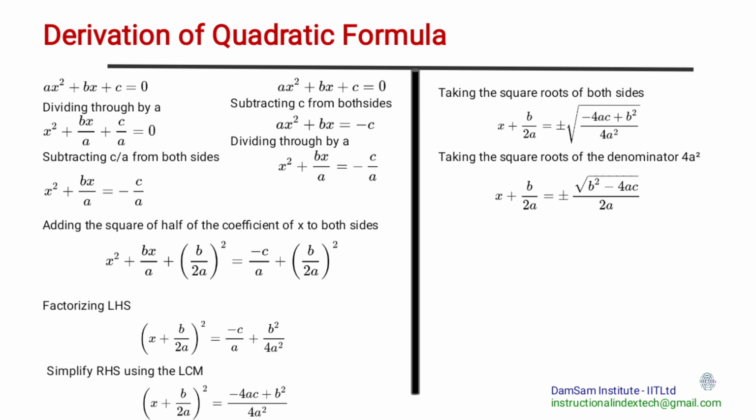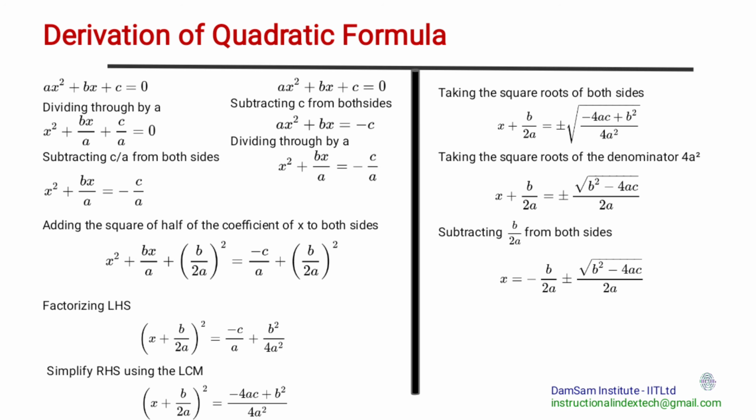The next thing we do is subtract b over 2a from both sides so that we have x standing alone at the left hand side. It will be x is equal to negative b over 2a plus or minus root of b squared minus 4ac over 2a.